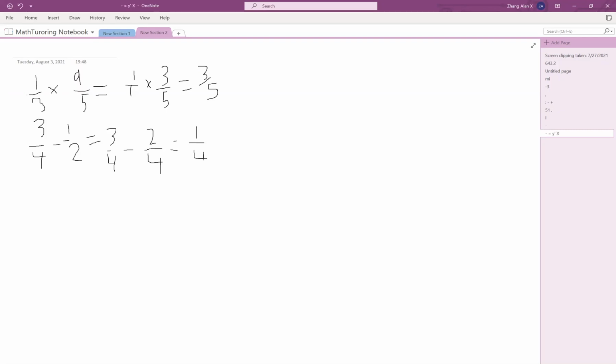So let's do a few problems. Claire, how would you do this problem? 1/4 minus 1/8. 4 times 2.